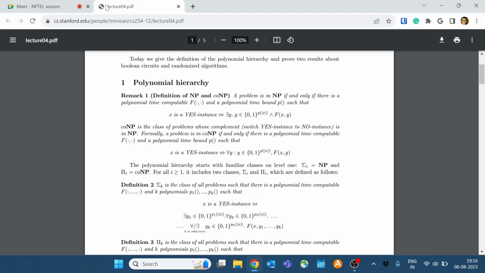Now the first statement is fine. We need to look at the second statement, right? The contrapositive is: x is a no instance implies the negation of this.